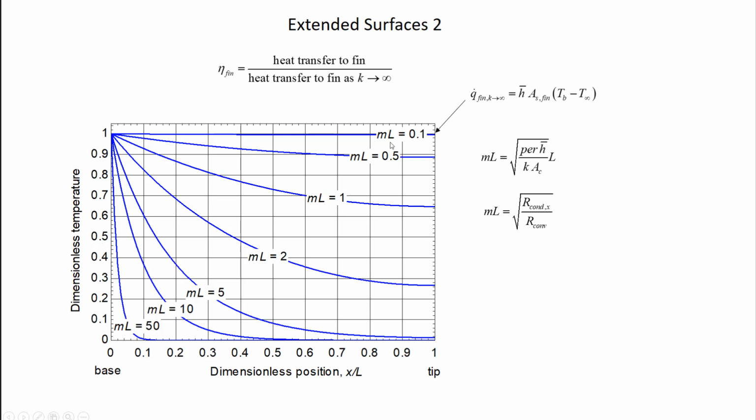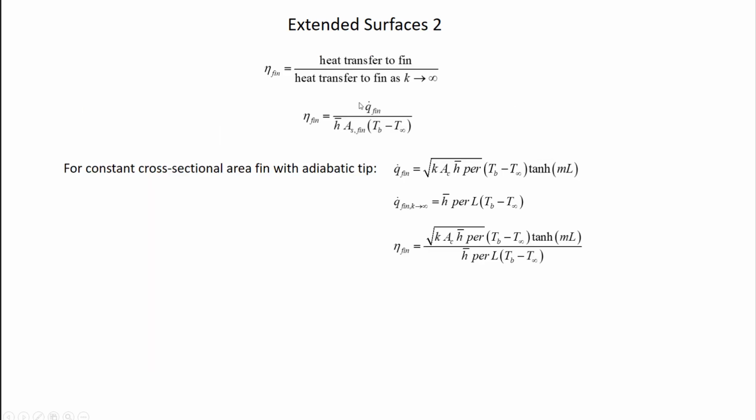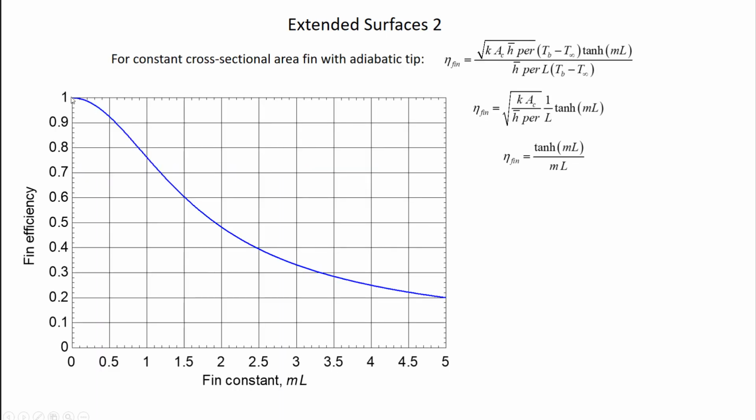When mL gets very, very small, I'm moving towards that ideal fin, and sure enough, I'm moving towards a fin efficiency of 100%. What my fin actually does and what the isothermal fin would do are the same thing. And then as mL gets bigger and bigger, of course, my fin efficiency suffers because of that conduction resistance not being 0 anymore.